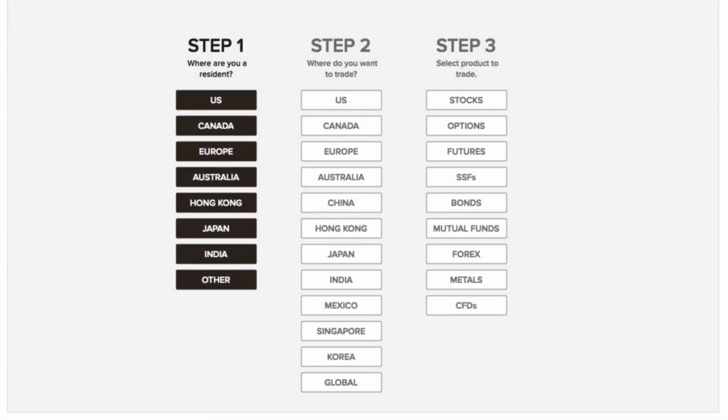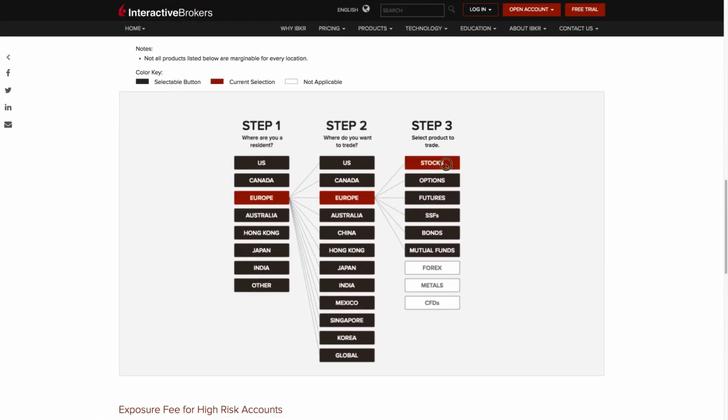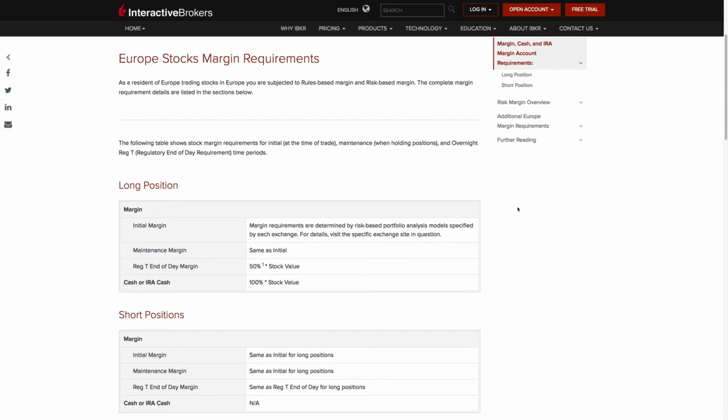To illustrate, let's look at the margin selector on the IB website. We said that outside of the US, other countries with investors that trade on margin generally use a risk margin model, but let's take another look. If we say that we live in Europe and want to trade on European exchanges and leverage stocks, we get this page. You'll notice that the requirements here are using a rules-based system just like you would see in a US Reg T account.